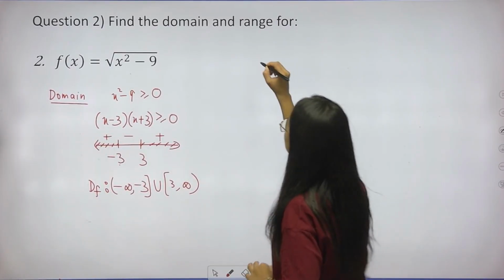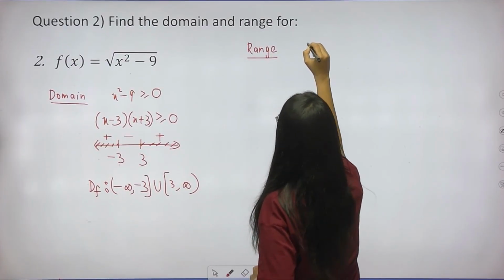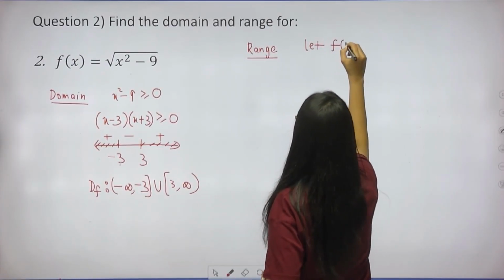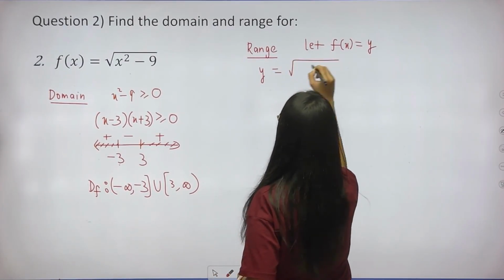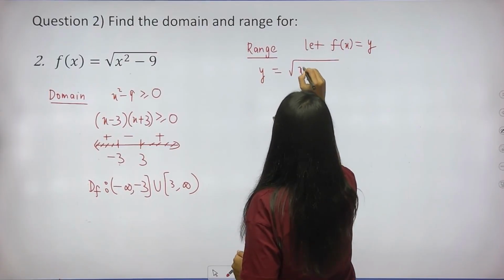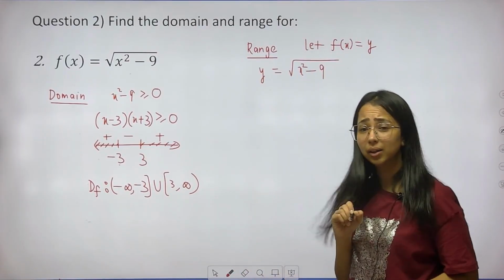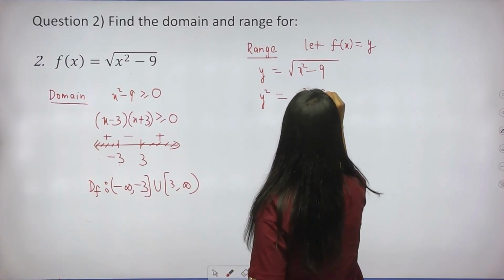Okay. Now let's find the range. Okay. Now for finding the range, let f of x be equal to y, and y becomes equal to under root of x square minus 9. Okay, let's do squaring both the sides. We get y square equal to x square minus 9.